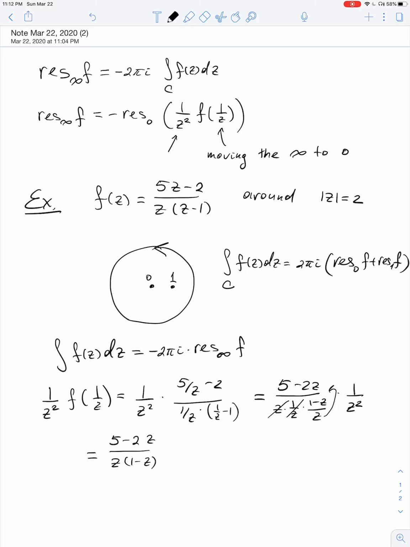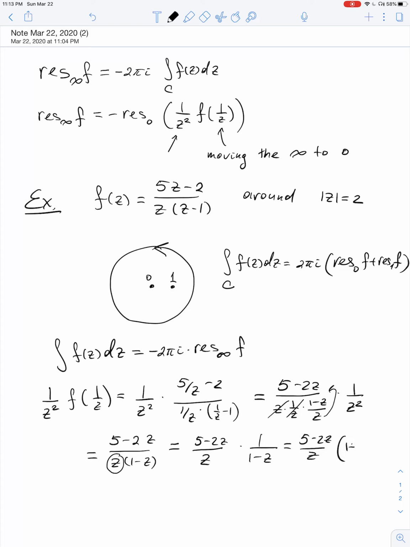And now we need the residue of this fellow at infinity. Okay, at 0, sorry, we need the residue at 0. And the good thing is that this z helps us. So the only thing that we need to write as a series is 1 divided by 1 minus z. So let's see how it works. We have 5 minus 2z over z, which is fine, times 1 divided by 1 minus z. And this 1 divided by 1 minus z is easy to write as a series.